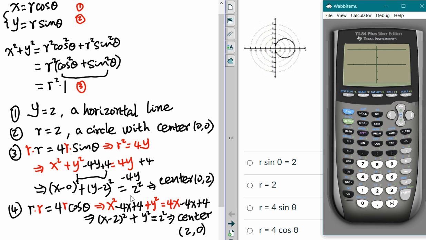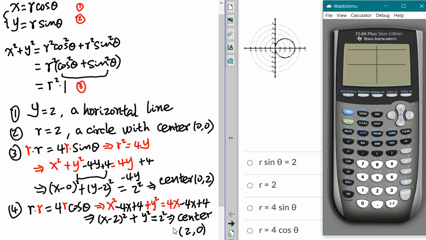With similar steps as we did previously, where there it was 4y, now here it is 4x. We do the similar thing. You have x minus 2 squared plus y squared equals 2 squared. So this one, the center is at 2, 0.